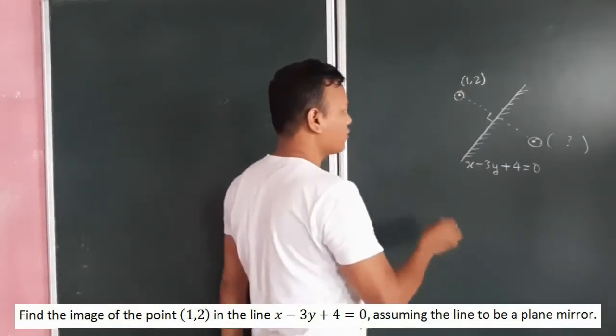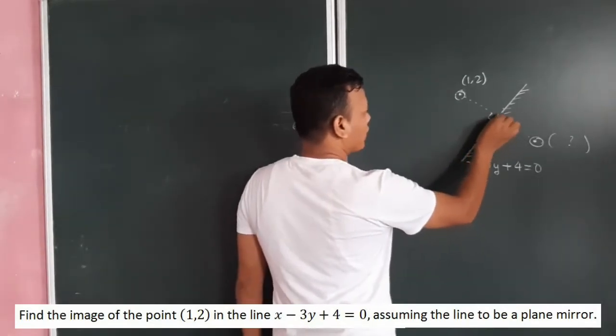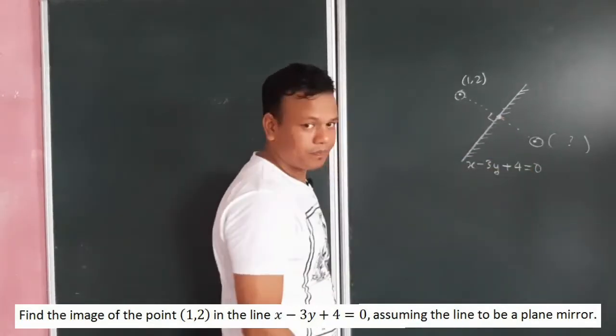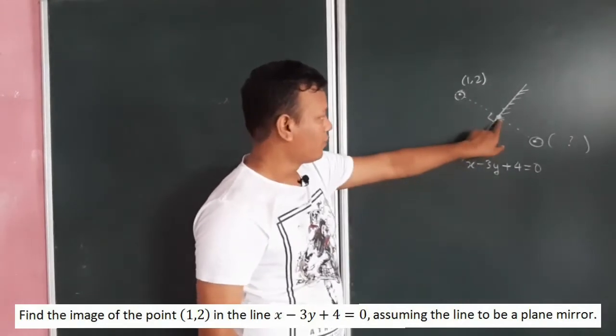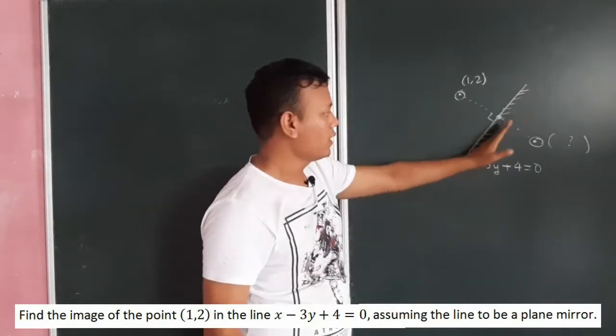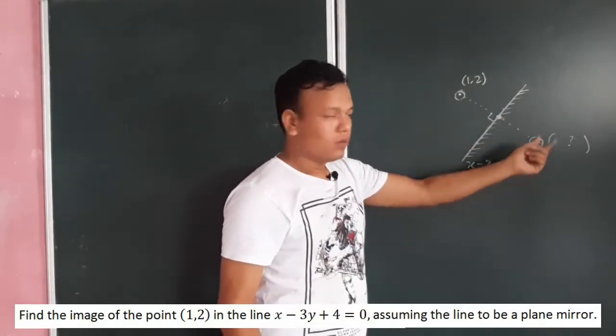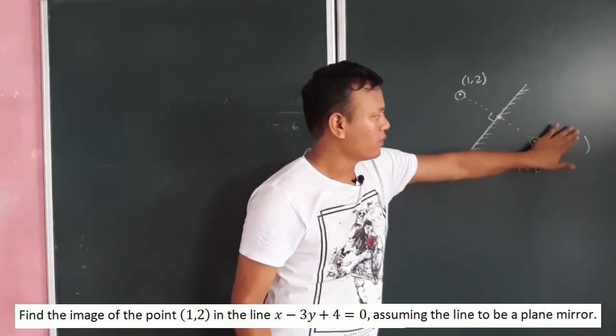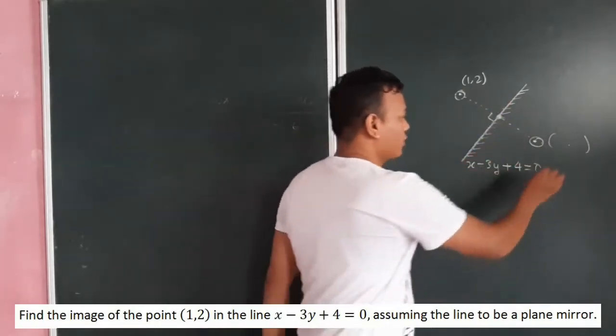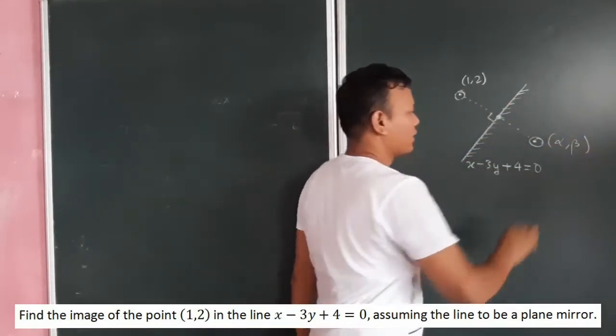Here we'll find the foot of the perpendicular, which lies exactly on the mirror line. We don't know the coordinate of the image, so we'll write it as alpha comma beta.